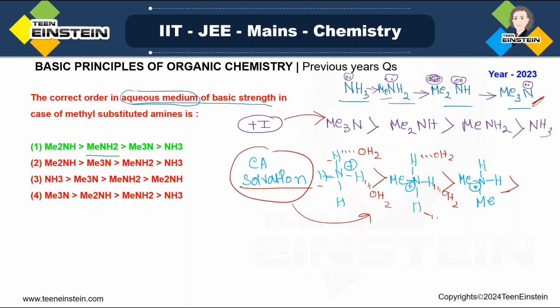After that it will be MeNH2, that is 1 methyl substituted ammonia, then Me3N, and then ammonia. So remember, plus I effect and the conjugate acid solvation effect both operate, and you have to take the combined effect, which will give you this result.